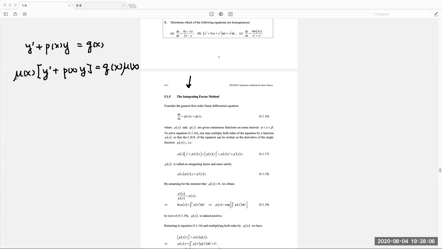So first of all, we need to multiply by mu x, that is called the integrating factor, on both sides. This is a function of x, and we don't know how mu x is defined. We just multiply it first, and then we try to expand this bracket.